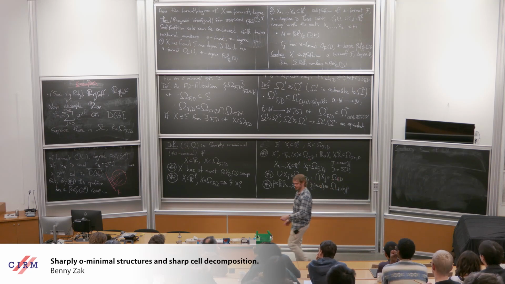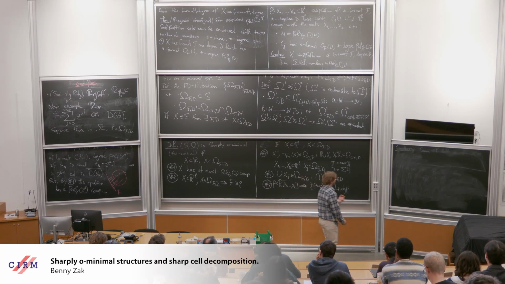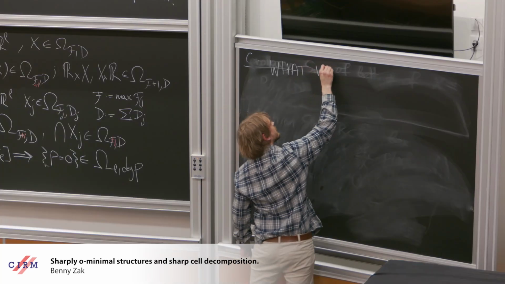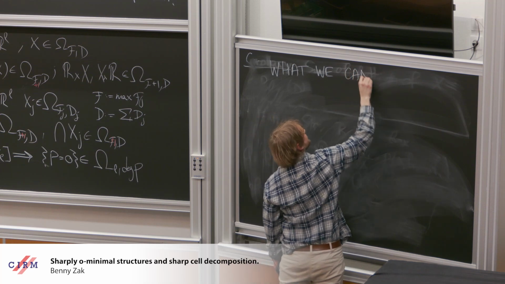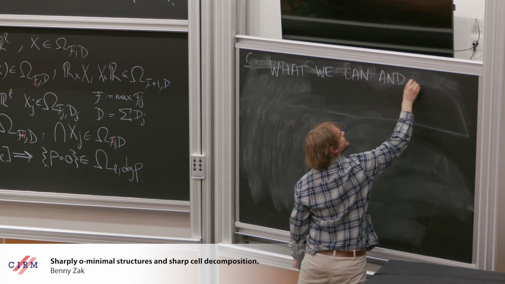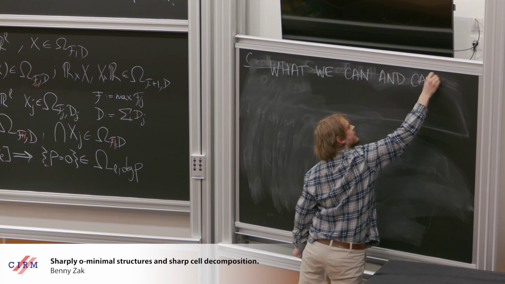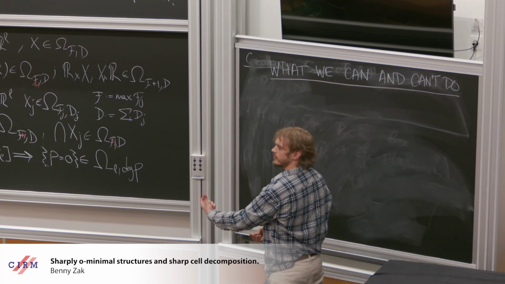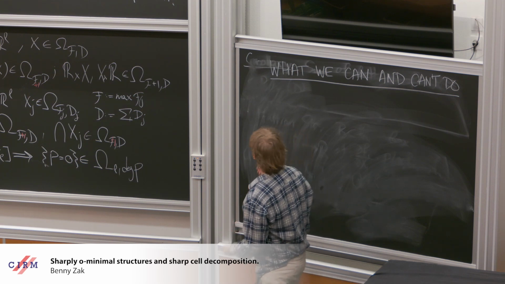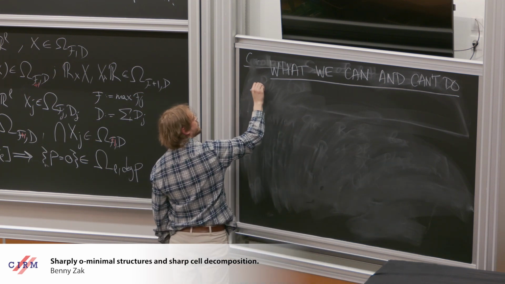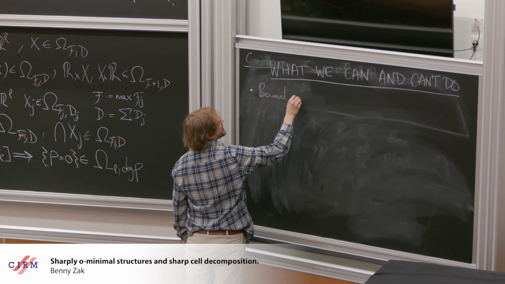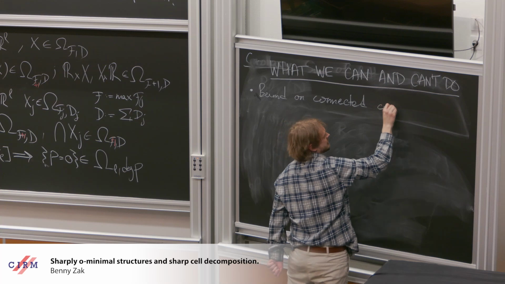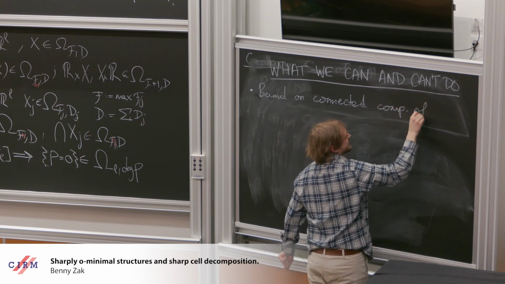Okay, so I have to do the following thing. What we can and can't do. What we can do from these axioms is, for example, get a bound on connected components of X in R^l.